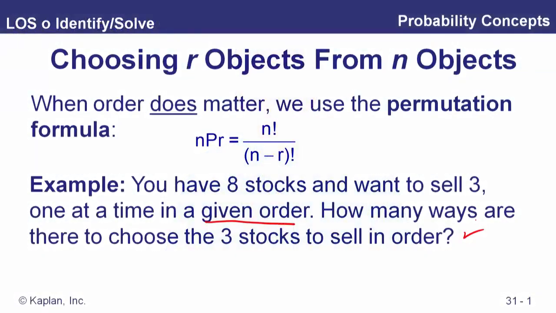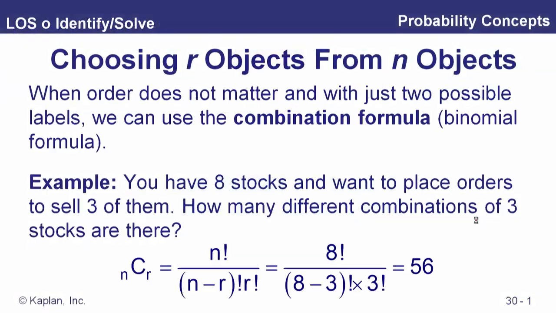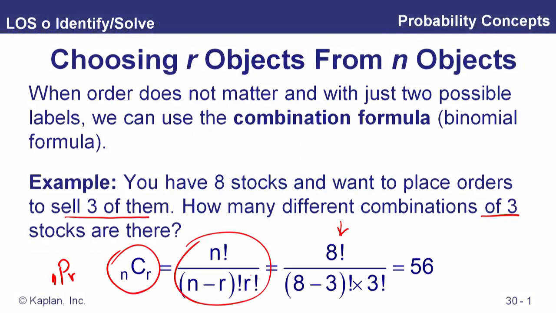And how many ways can they be ordered? Well, go back here. See this term right here, R factorial? That's the one that goes away in the permutations formula. So that's our 3. So the term that's missing is 3 factorial.